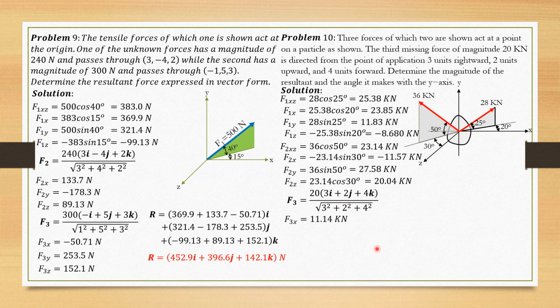And that would be F3x is 20 times 3 over this distance, square root of 29. So 20 times 3 over square root of 29 is 11.14 kilonewtons. F3y is 20 times 2 over square root of 29, and that would be 7.428 kilonewtons. Then F3z is 20 times 4 over square root of 29, and that would be 14.86 kilonewtons.